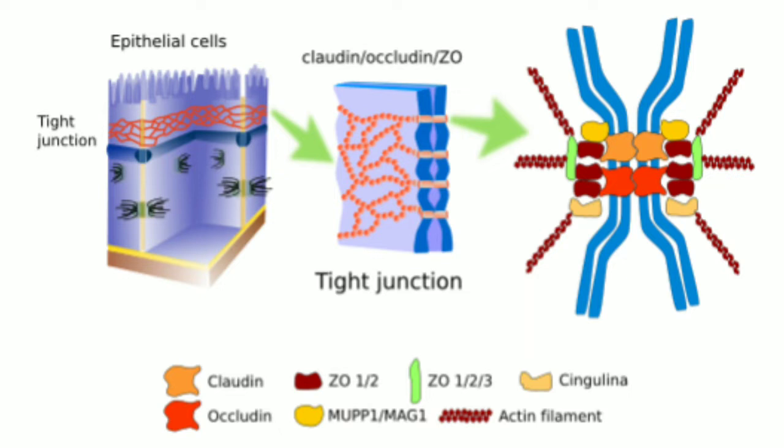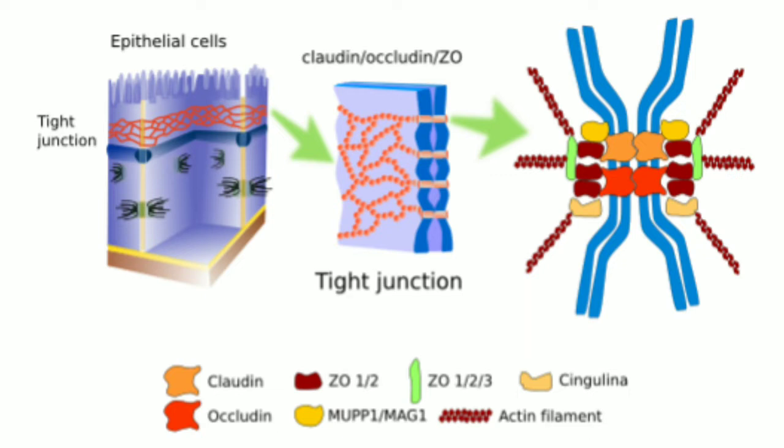So you can see the red colored protein denotes the occludins, whereas the orange denotes claudins. These are anchoring and making the ridge, and beside them there are ZO-1, 2, 3 and cingulins, which are making the platform and anchoring the actin filaments later on.